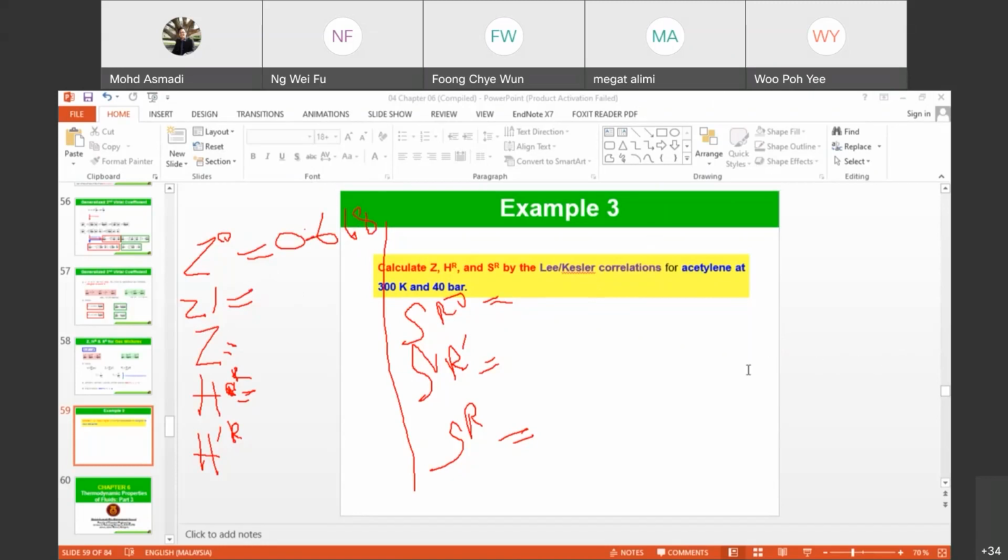Z is 0.669. Is that 0.669? HR is negative 29.